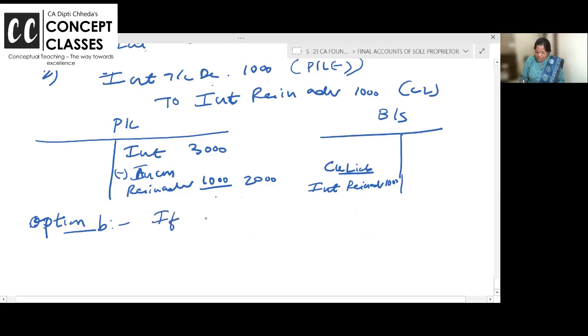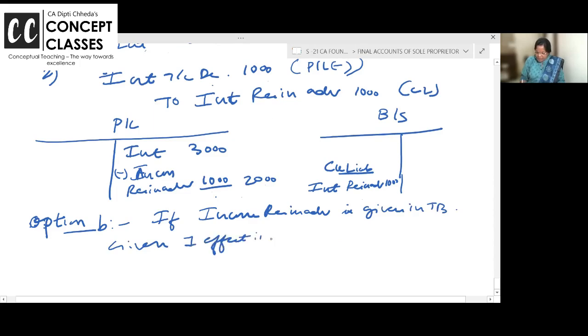If income received in advance is given in trial balance, give one effect in balance sheet. Give one effect in balance sheet. Khatam.